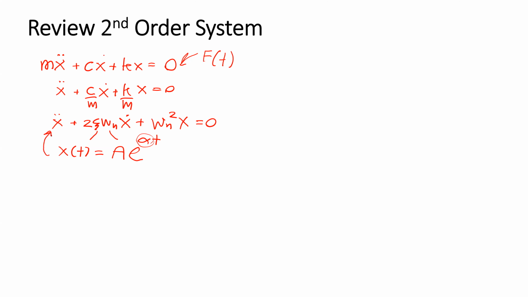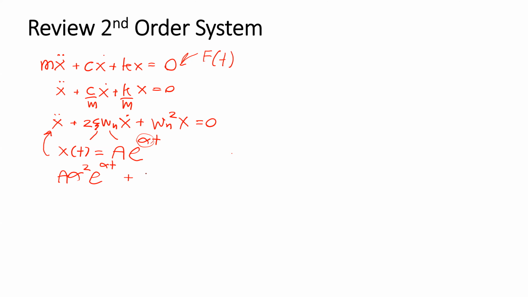if we take the second derivative and the first derivative of x, we can obtain this. If we take the second derivative of this solution, we are going to have alpha square, so we will have a alpha square e power alpha t.